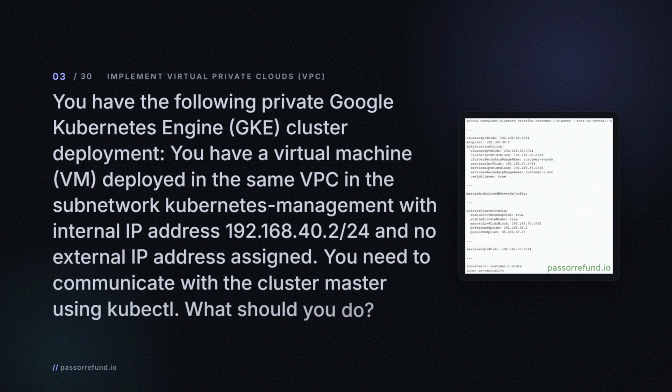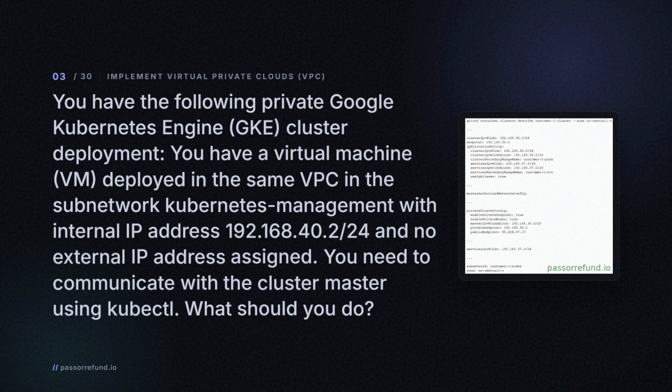Here's another challenge. So, you have this private Google Kubernetes Engine, GKE, cluster deployment. You've got a virtual machine, VM, in the same VPC, specifically in the subnetwork Kubernetes management, with an internal IP of 192.168.4.2/24 and no external IP. Now, you need to talk to the cluster master using kubectl.